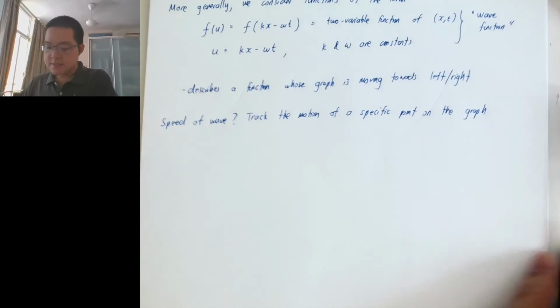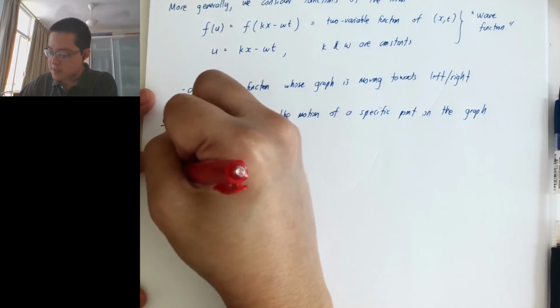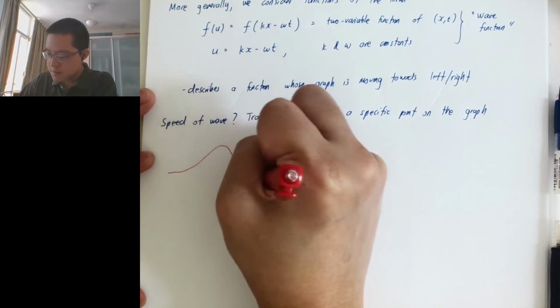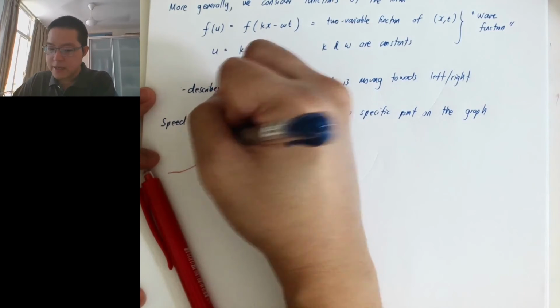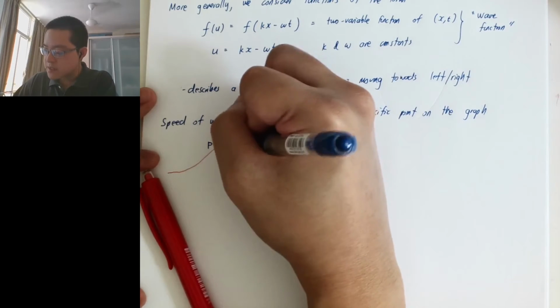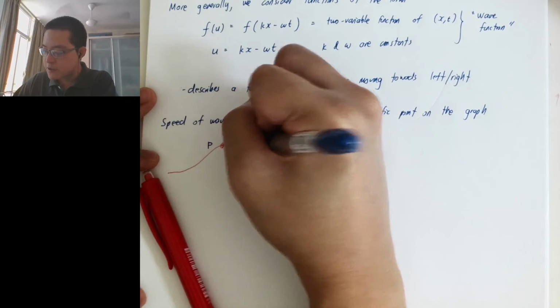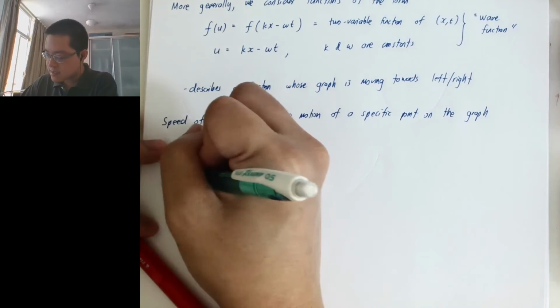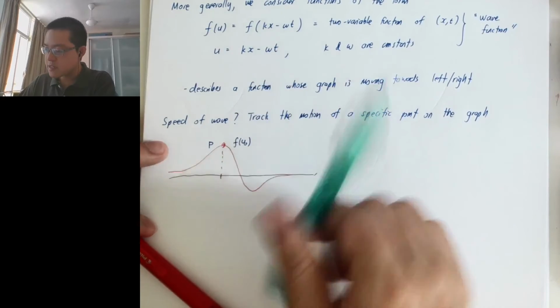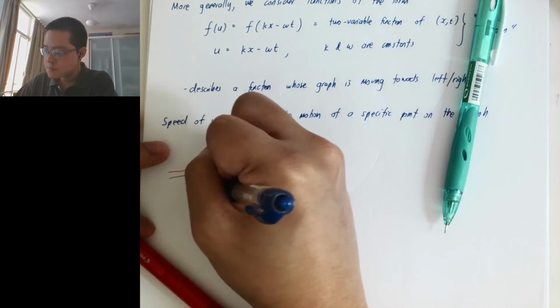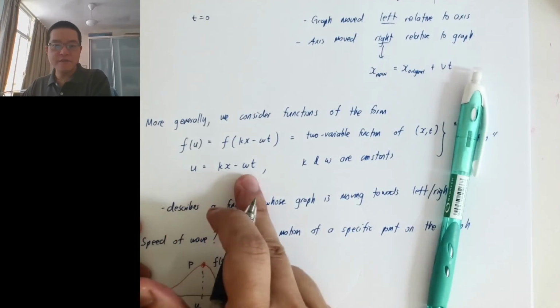Let's say my point is like this, and I follow this point. I'm calling this point P. The height of this graph is f of u, and my horizontal axis is my x-axis. So my coordinate is u0, where u is just the short form for all this.